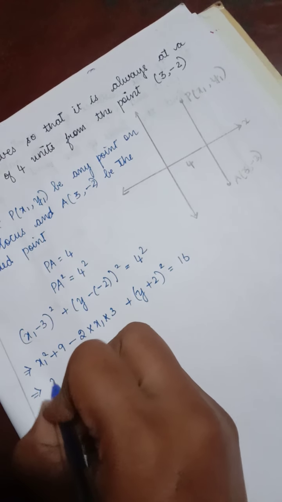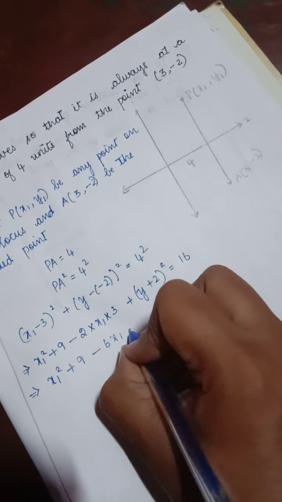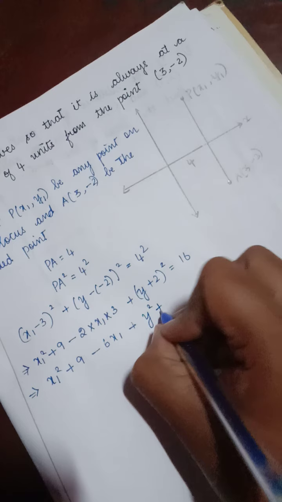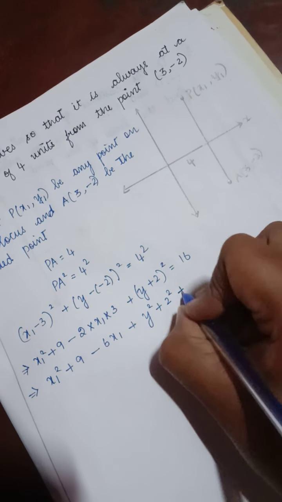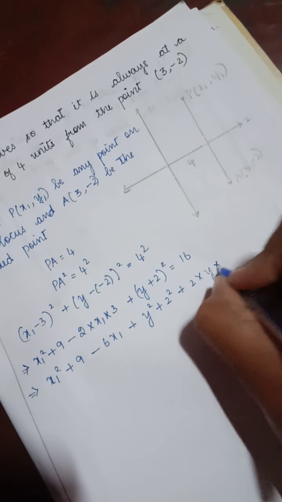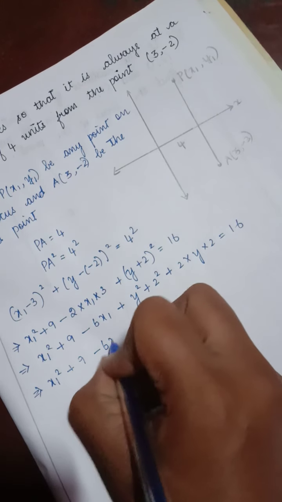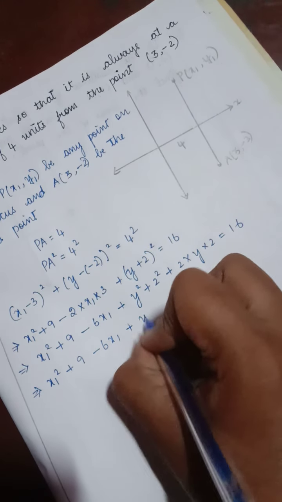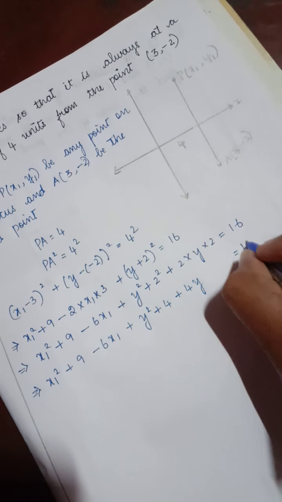So that implies x1 square plus 9 minus 6x1, then plus y square plus 2 square, plus 2 into y into 2, is equal to 16. So x1 square plus 9 minus 6x1 plus y square plus 4 plus 4y is equal to 16.